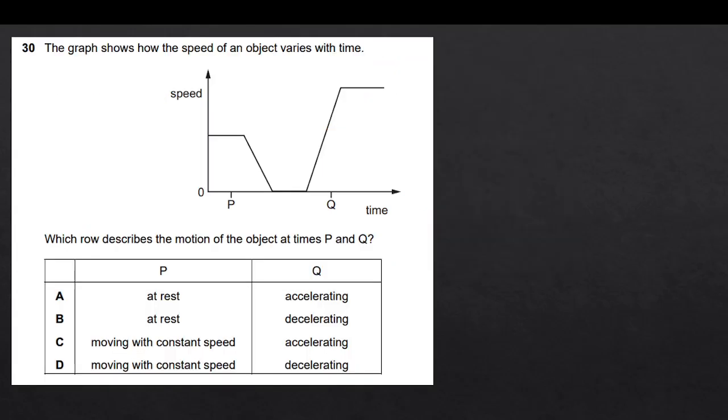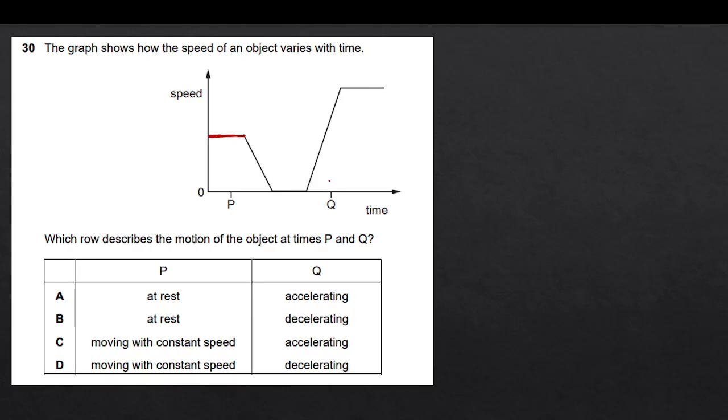Let's look at question 30. The graph shows how the speed of an object varies with time. Which row describes the motion of the object at times P and Q? At time P, this is the motion of the object. It's a horizontal line, and the speed of the object is not changing. That means the object is moving with constant speed.